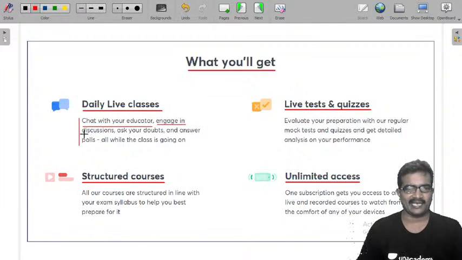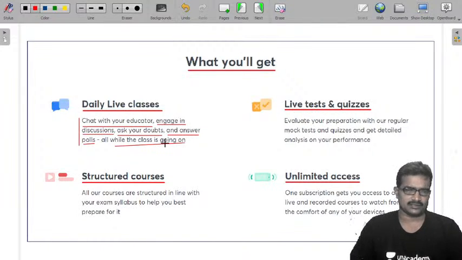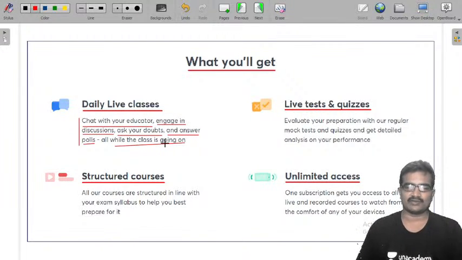You can engage in discussions, ask your doubts, and answer the polls. You can do all these things while the class is going on.